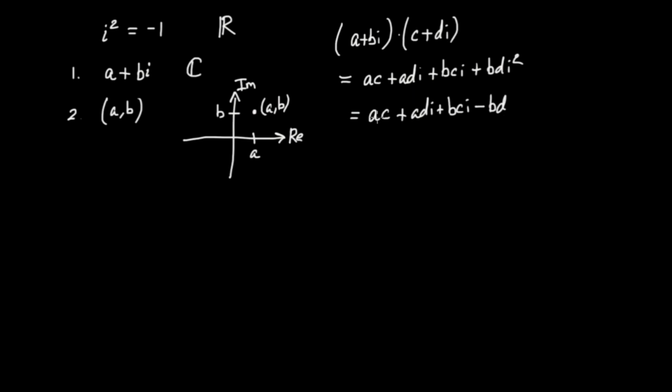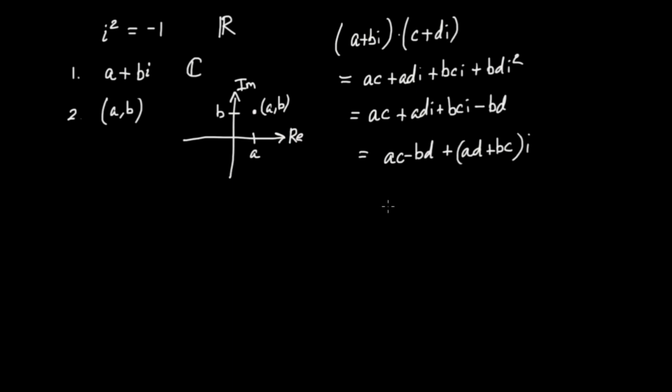And notice here I have two terms, ac and minus bd, which are going to be the new real part. So I'm going to group those together: ac minus bd. And then I have two terms, adi plus bci, which are going to be the new imaginary part. So I'm going to group those together as well. So I have (ad plus bc)i.